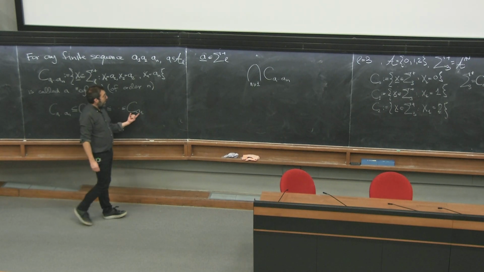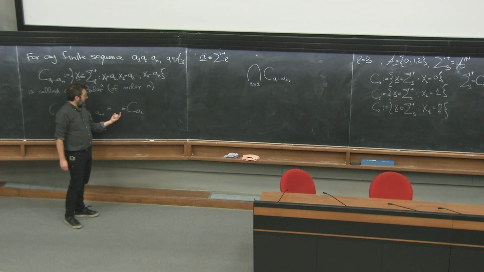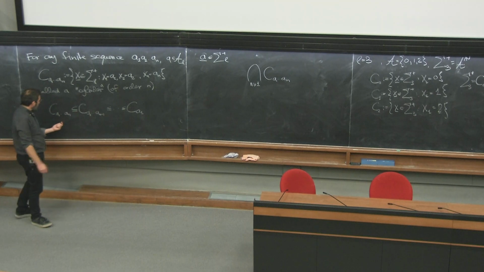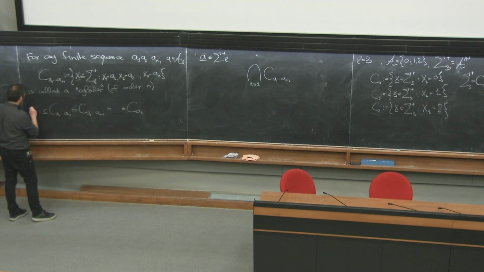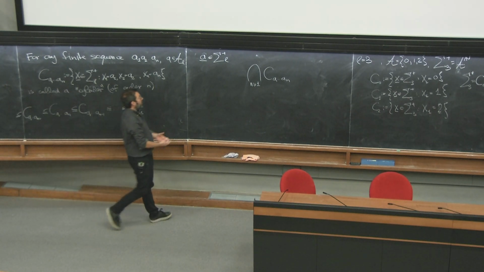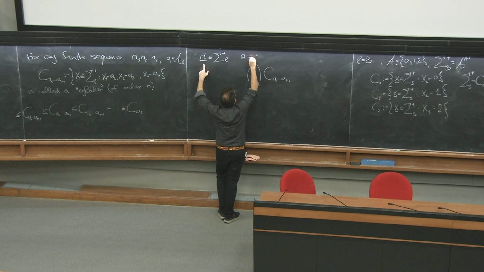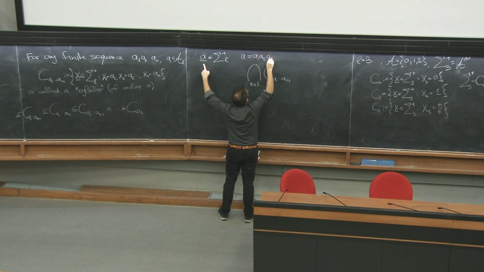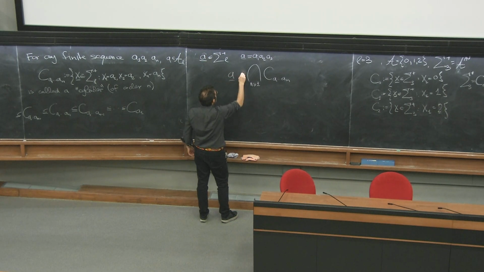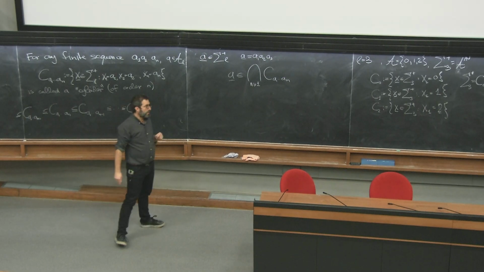We take C(a1), and then the cylinder C(a1 a2), which is contained in it. These are all nested, C(a1 to an) is contained in C(a1 to an plus 1), and we continue. This will clearly contain the point a, the sequence a1, a2, a3, and so on. In fact, it's a singleton. It's equal to this single set.